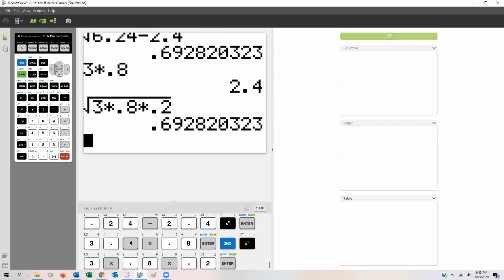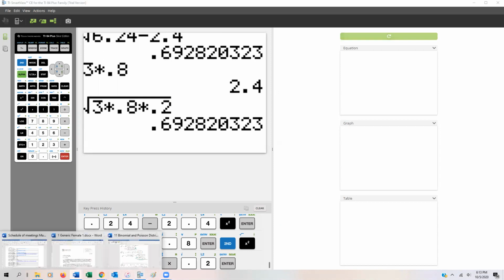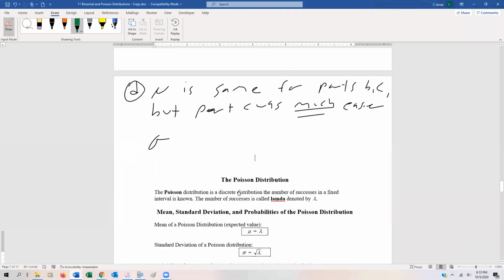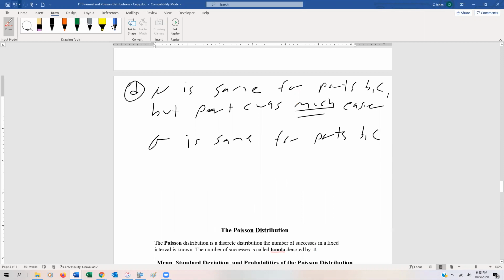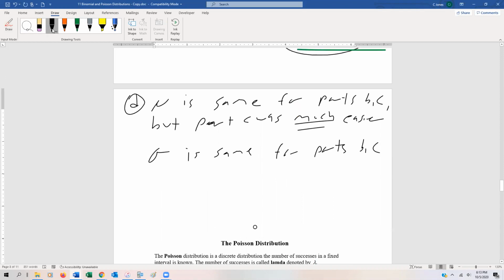All right, so very similar to what we just responded for mu, we can say that sigma is the same for parts B and C. But again, part C was much easier.